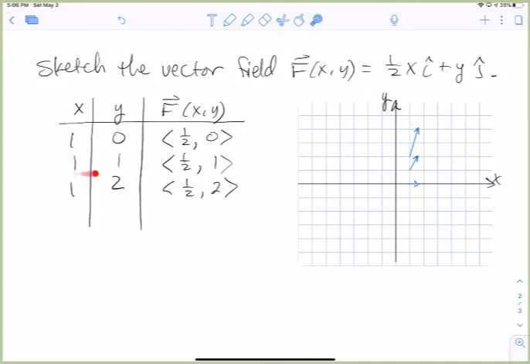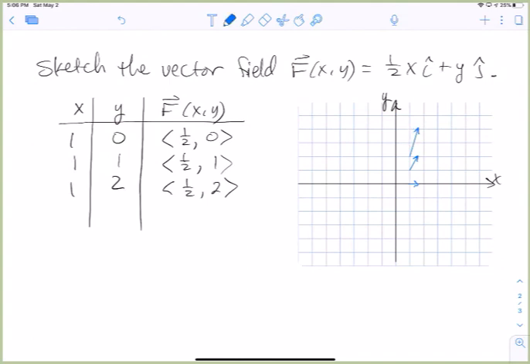For the point (1, 1), the tail of the vector should be at the point (1, 1), and then the vector itself is (1/2, 1), and so points up toward the right. (1, 2) has its tail at (1, 2), and the x component is 1/2, the y component is 2. And so for each of these three vectors, the x component was the same, but the y component was increasing, and that's going to be characteristic of all the values that we have at (1, 1), (1, 2), (1, 3), (1, 4), (1, 5), etc.